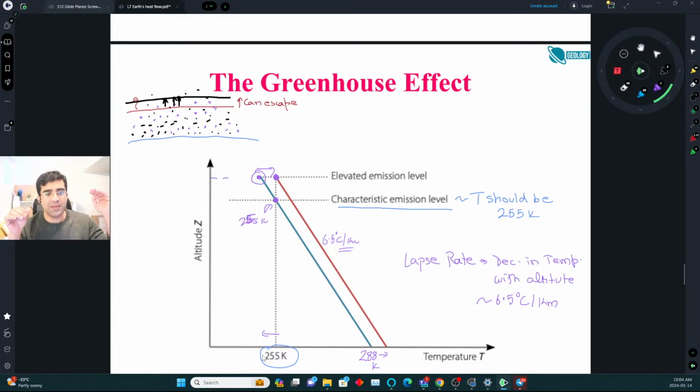Basically, the temperature at which radiation can escape should be 255 Kelvin. Now if you raise that level up, and start increasing temperature from this point by 6.5 degrees Celsius, you will find that the surface has become warmer. Do you all understand the greenhouse effect?